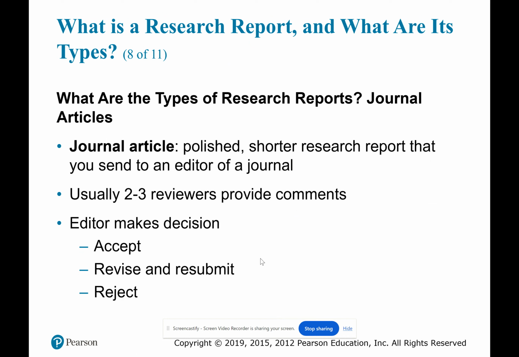The editor will make a decision. They'll either accept it, ask you to revise it, or reject it. That's like the process I spoke to you about earlier. You submit your article to them, and then they will kick it back and say, I need you to fix this and that, and then you resubmit it, and then hopefully they approve it and it gets accepted for publication. Okay.